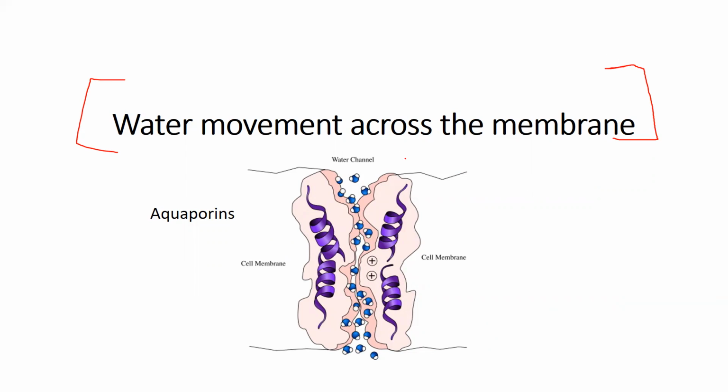Although we said that the lipid bilayer has some permeability to water, it's very limited. And usually water gets to the inside of the cell with the help of a protein called aquaporins, okay? And so any questions on what we described before we go into the movement of water?